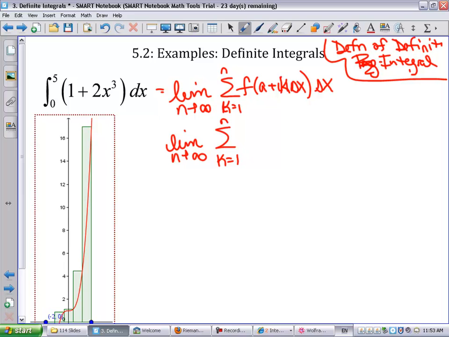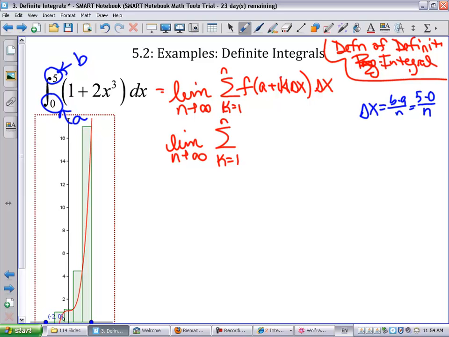Let's write down its properties. We know that 0 is going to be a. We know 5 is going to be b. That tells us that delta x is going to be b minus a over n, so it's going to be 5 minus 0 over n, or 5 over n.